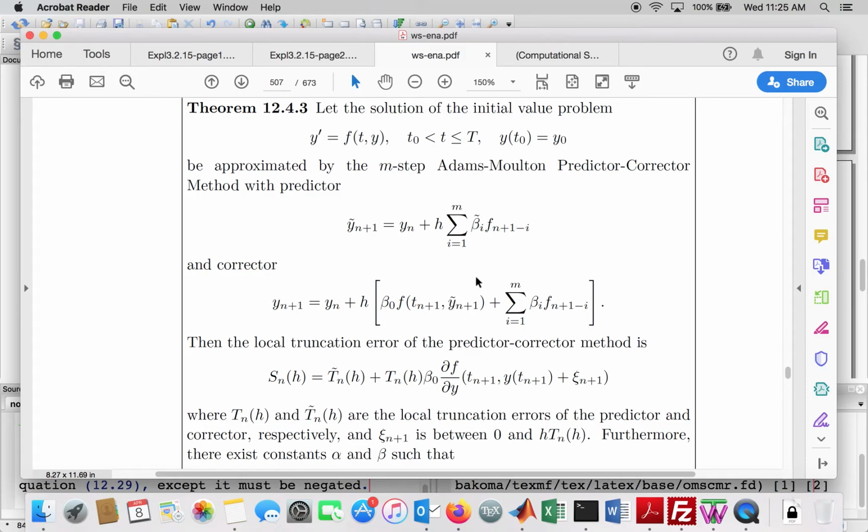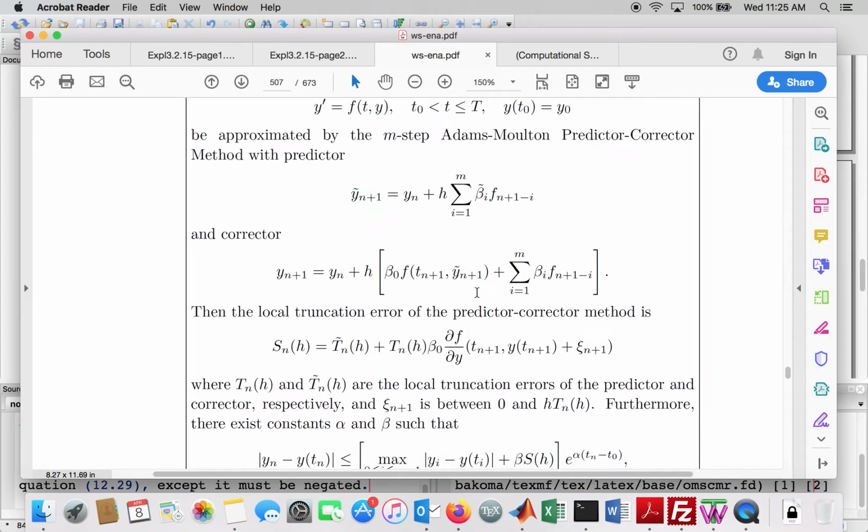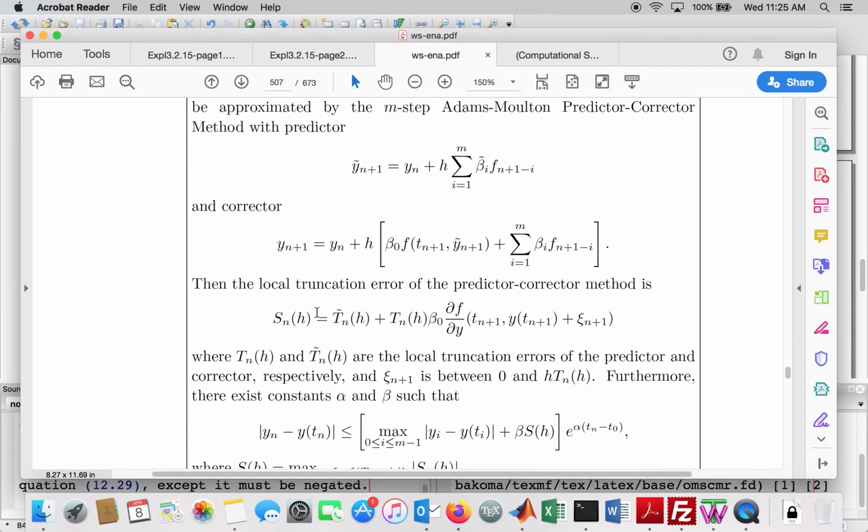So if you work out all of that and use the mean value theorem, then this is what results. This is a total truncation error of the entire predictor-corrector method. So it's equal to the local truncation error of the corrector, is this term, and then times the local truncation error of the predictor times this expression here.